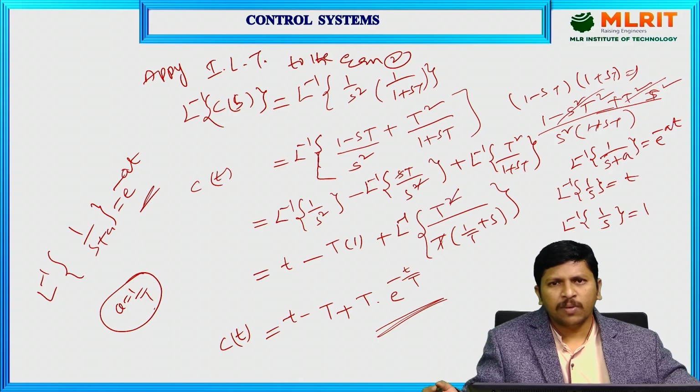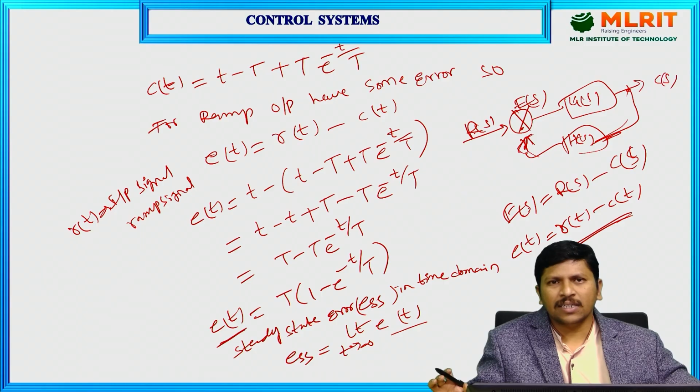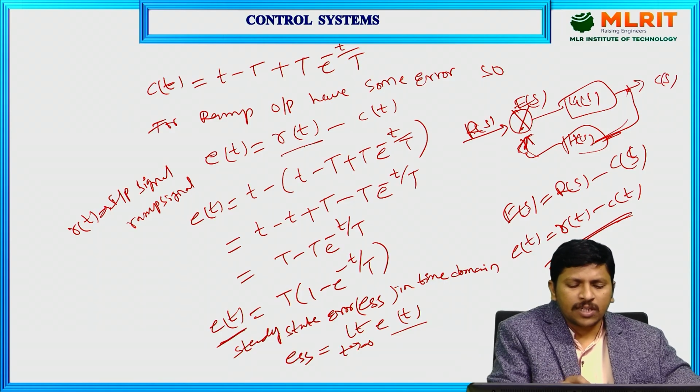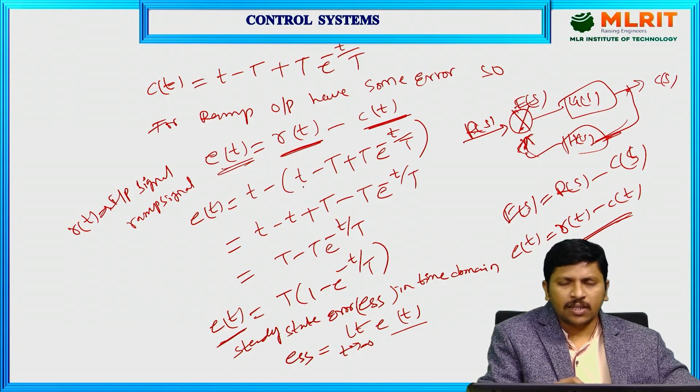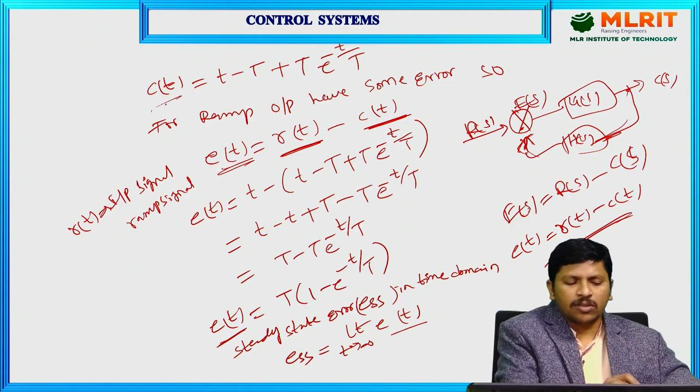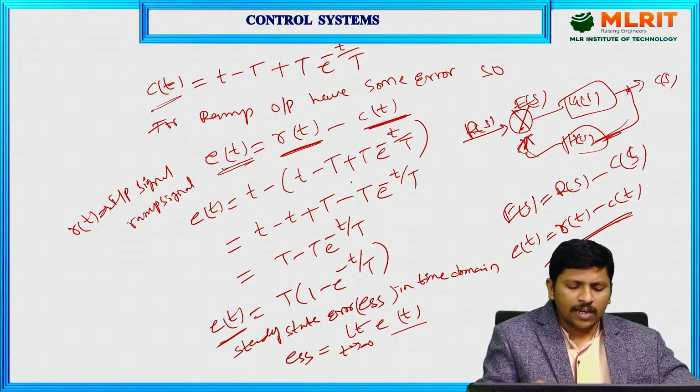When we apply any ramp signal to the system, we get some error in the output. For that error we calculate the steady state error. The error signal is the difference between the input signal and the output signal. We know R of t is t, the ramp input signal, and C of t is the response; substitute and you get the error signal.